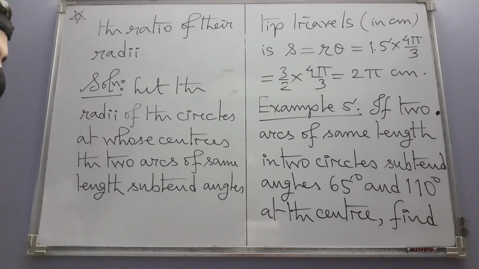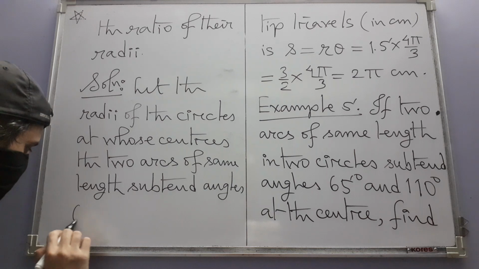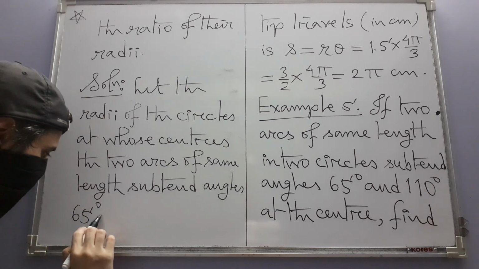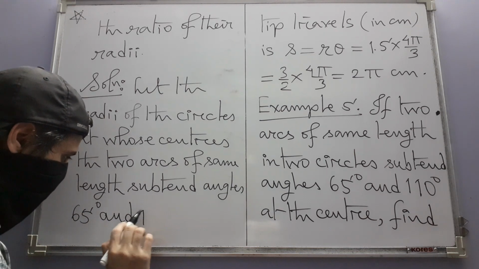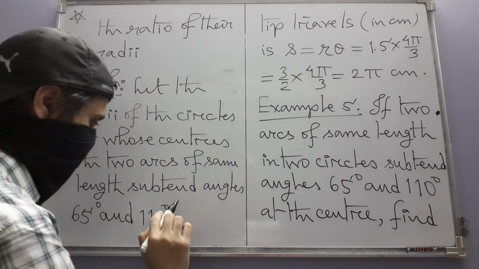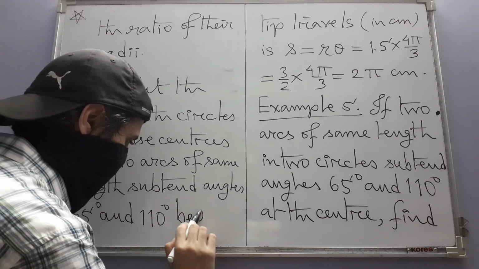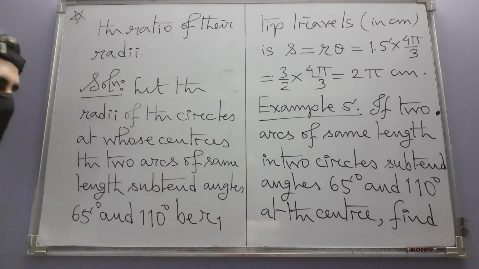We have to write a lot, but there is no other option. Subtend angles 65° and 110° be R1 and R2 respectively.